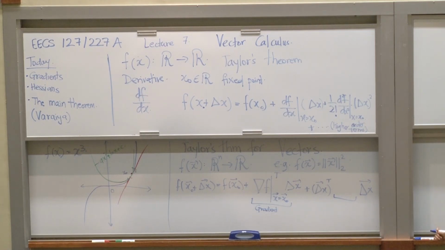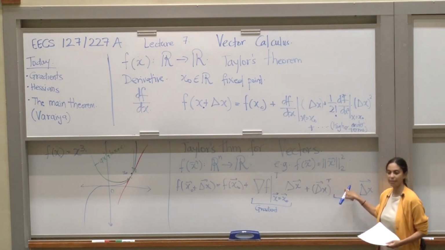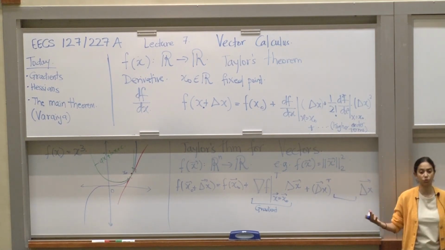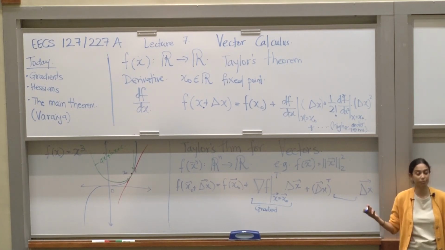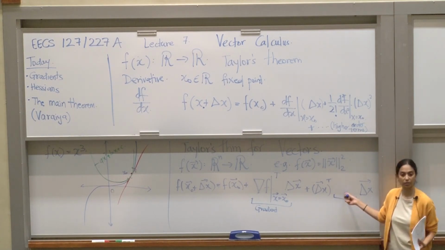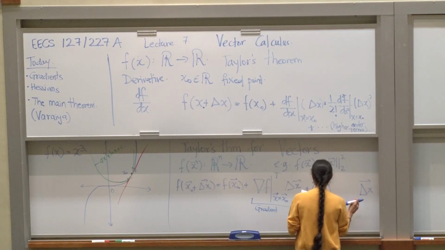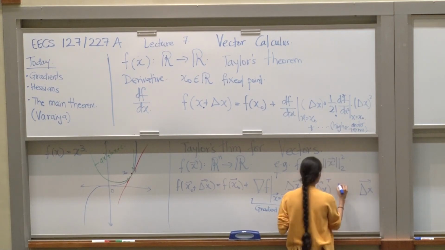Okay? And so now what is going to be in the middle? What is the second derivative equivalent in the vector context going to be? What is the shape of it going to be? Can I put a vector here? No. What does it have to be structurally? It has to be a matrix, right? So this guy, I'm going to call the Hessian.